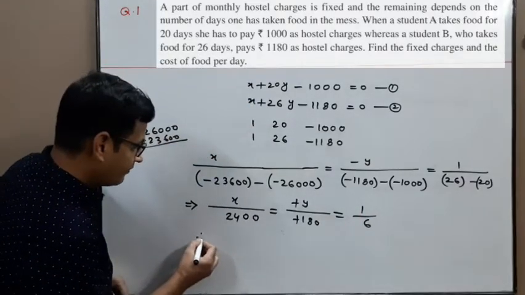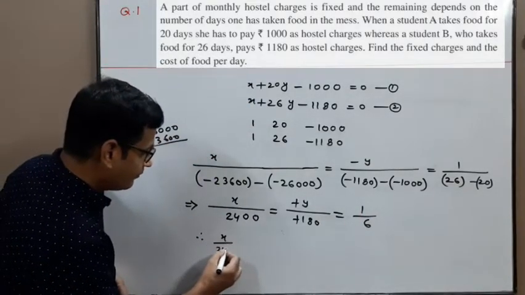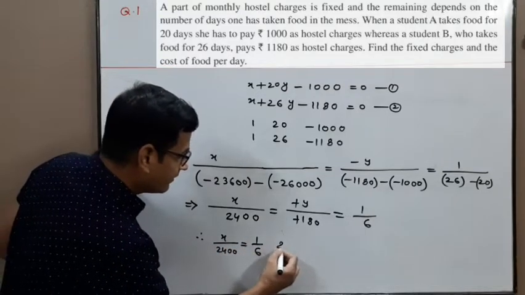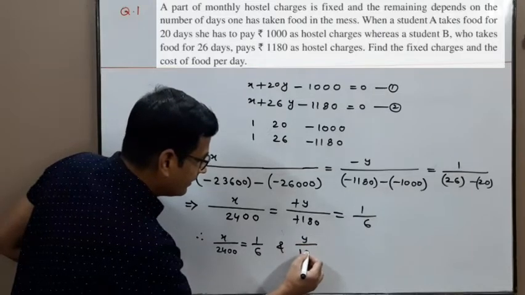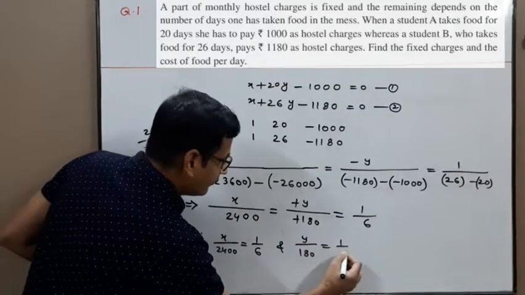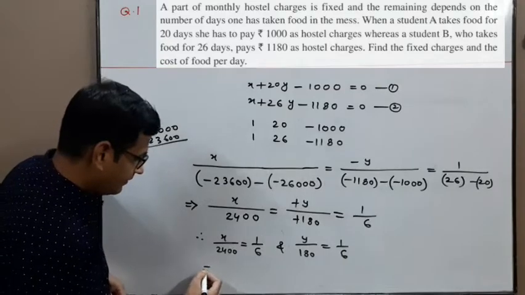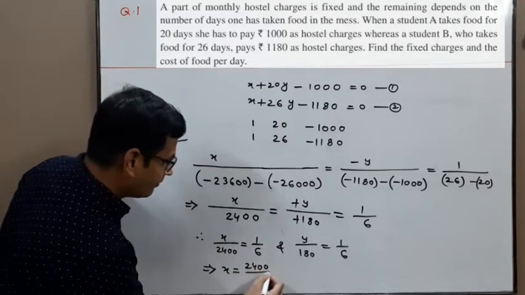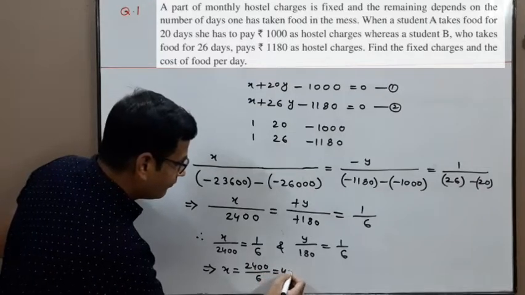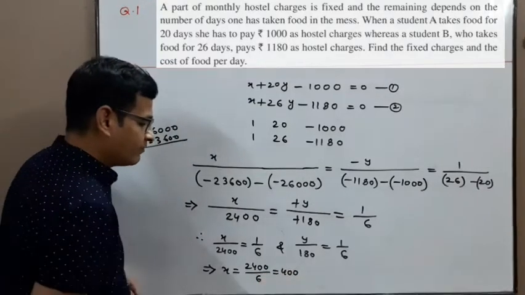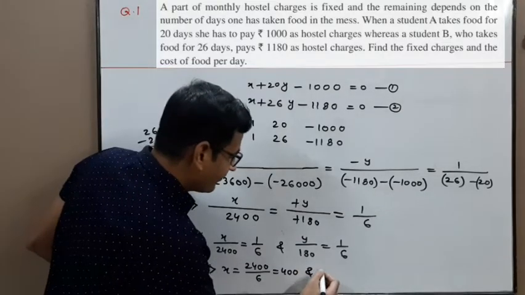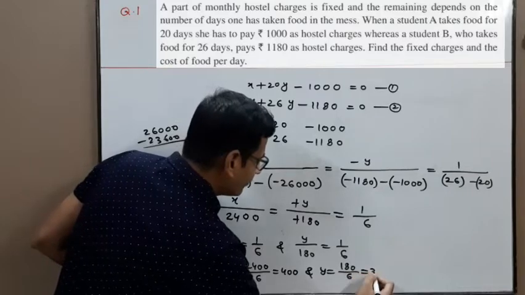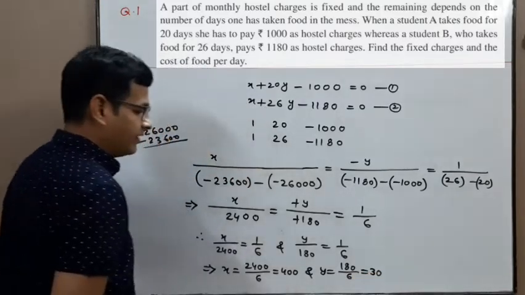So therefore x upon 2400 is equal to 1 upon 6 and y upon 180 is equal to 1 upon 6. So x is equal to 2400 upon 6, which is 400, means fixed charge is rupees 400, and y equal to 180 upon 6 is 30, rupees 30 per day.